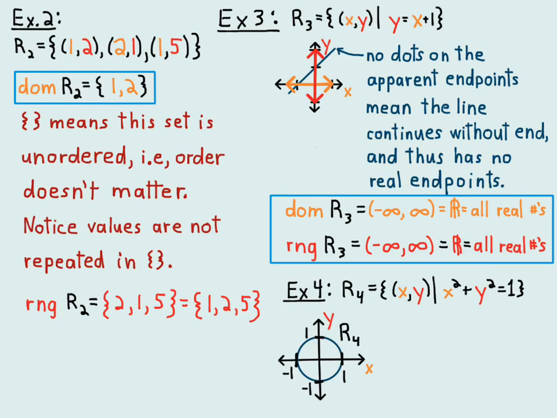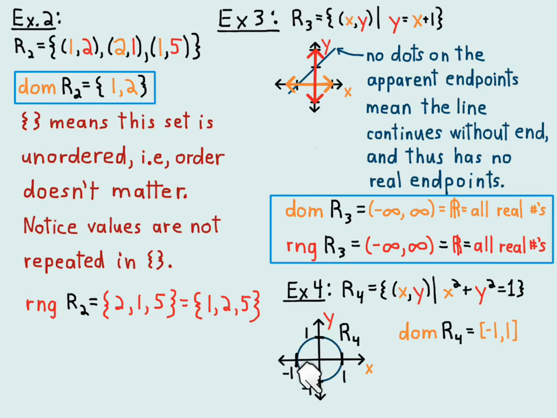So what's its domain? Well, take this and flatten the whole thing onto the x-axis, and you get everything from -1 to 1, including -1 and 1, right, for your first coordinates. So there you go. Flatten it onto the y-axis, and you can see the y-coordinates you get for all these points go from -1 to 1.